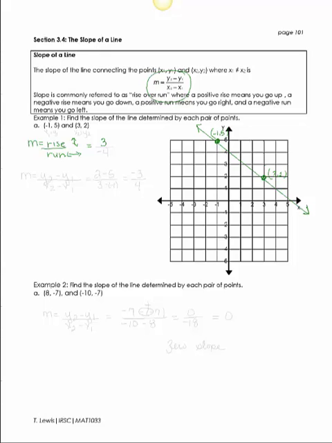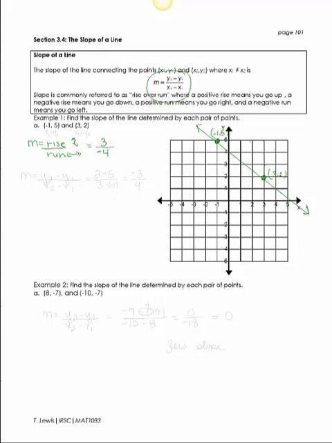And then we want to go to the left. We're going to count over: 1, 2, 3, 4. So we ran 4 units to the left, so because it's to the left, it's negative 4. If you wanted to, you can start at (-1, 5) and see how many spaces it will take us up or down, left or right, to get to (3, 2).